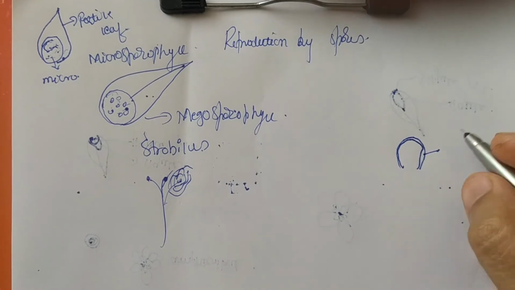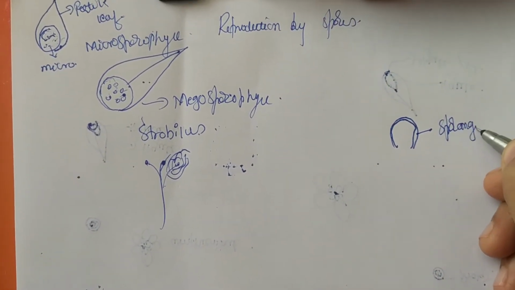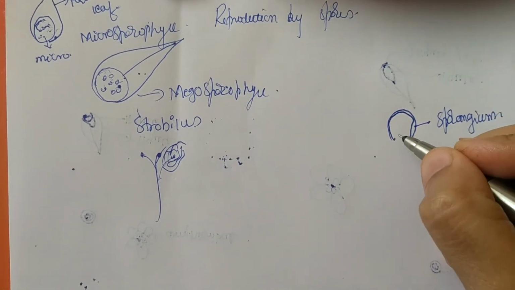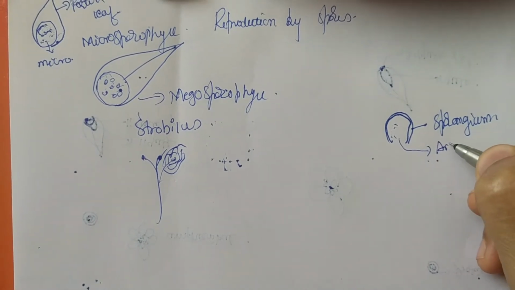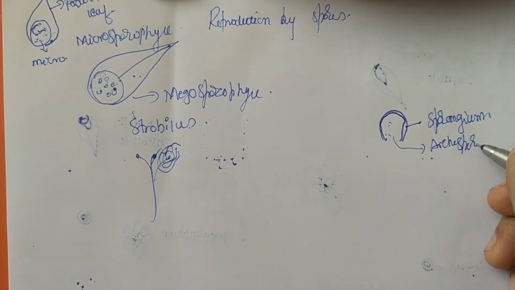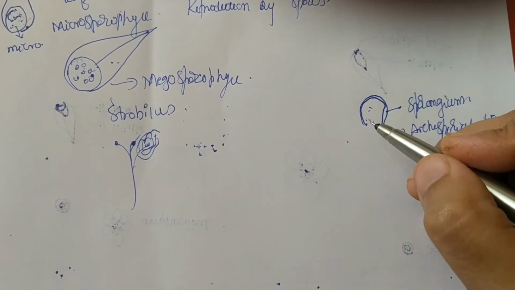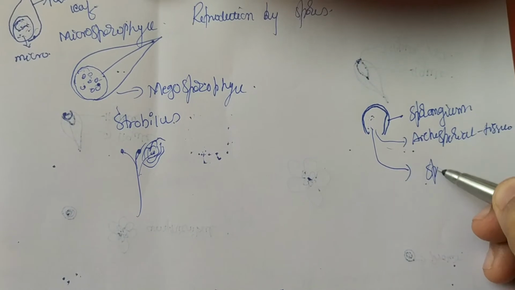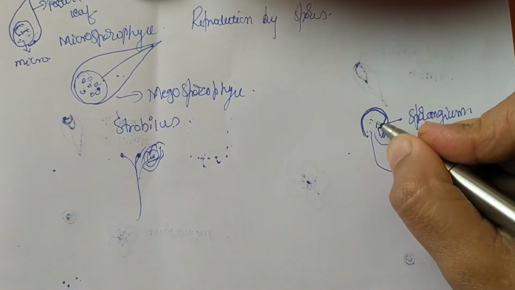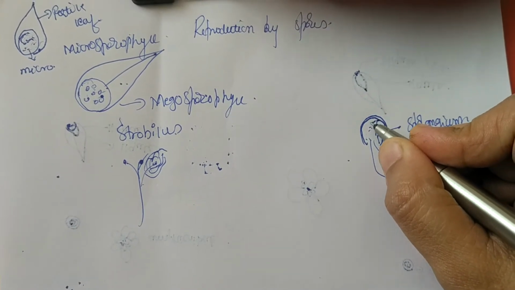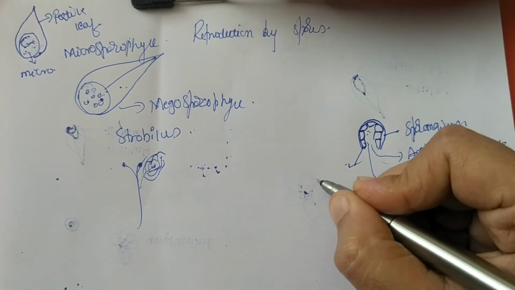This forms the outer covering of the sporangium. Inside this sac-like structure, we have a tissue called archesporial tissue. This archesporial tissue is going to divide and form spores. It also differentiates into the innermost layer of this jacket, called the tapetum.